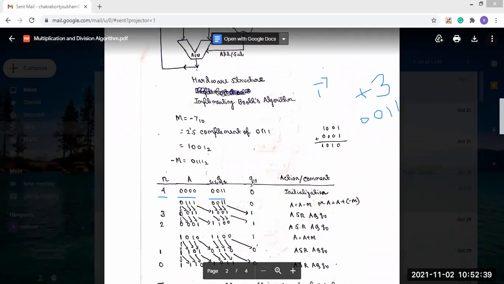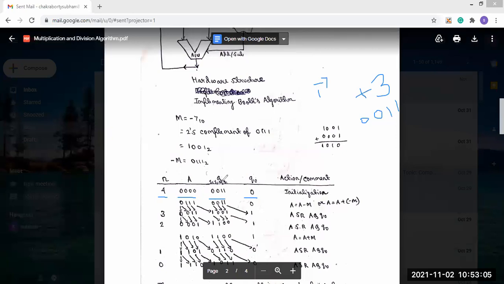And Q0 is a single bit, which is initialized as 0. Now what is this Q? Here it is 4 bits, so Q will consist of Q1, Q2, Q3, Q4.